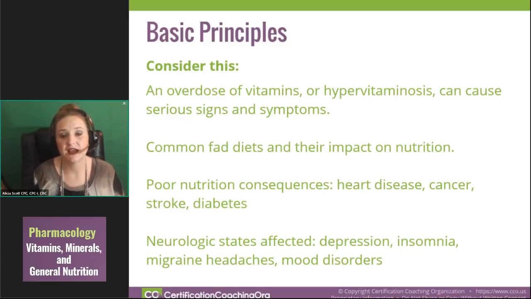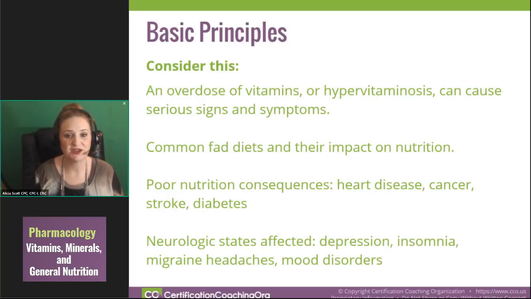And the concept that usually prevails with something stated as natural, organic, and over the counter is that less isn't always more, right? If this is good for you, then more is better.